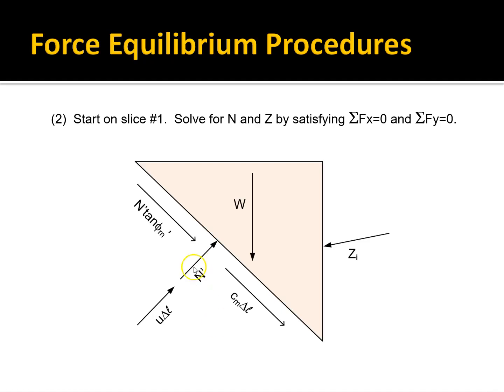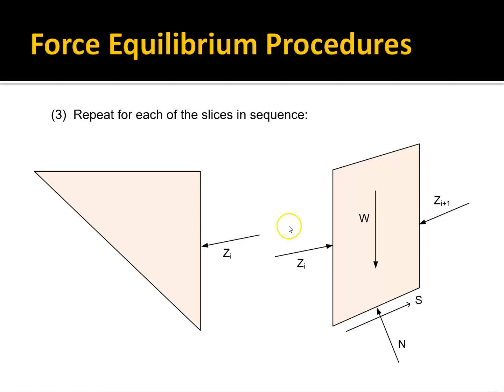We solve for that, and then once we know Z i, that same Z i will be applied to the slice to the right, but in the opposite direction. So we found Z i, and then we apply that to the right. Then we solve the free body diagram for the next slice to the right. Again, there are two unknowns, N and Z i plus 1, so we use our force equations in the x and y direction and solve for them.